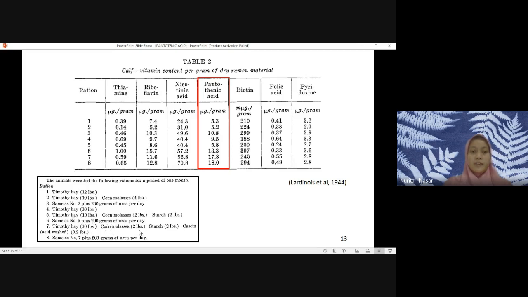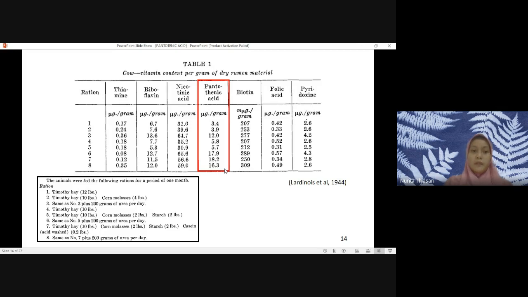Here they give casein, not urea. The casein is also a source of nitrogen for the ruminant bacteria or microorganism.